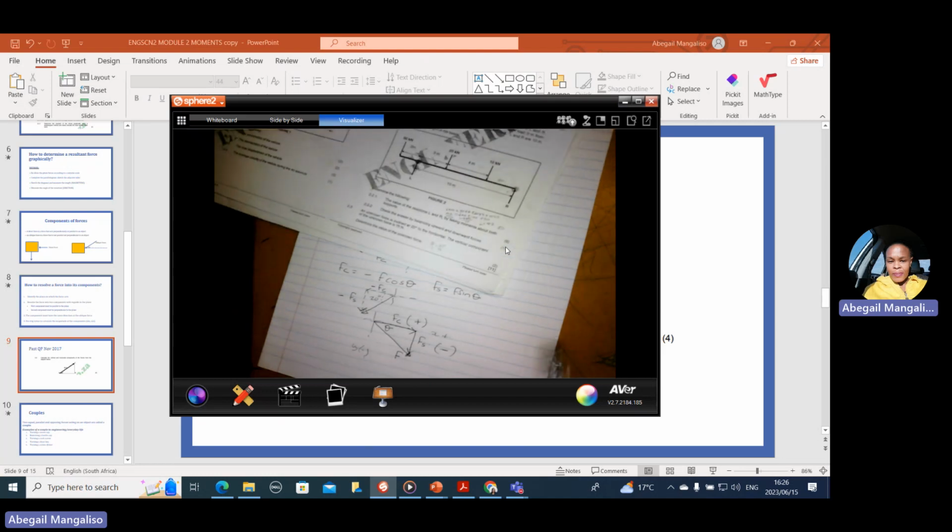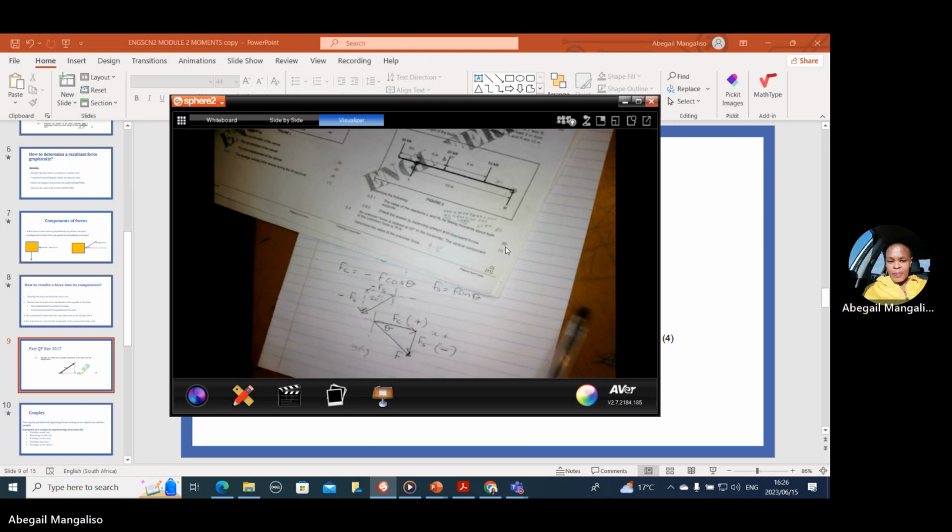An unknown force is inclined at angle 22 to the horizontal. The vertical component of the unknown force is 75. Determine the value of the unknown force.